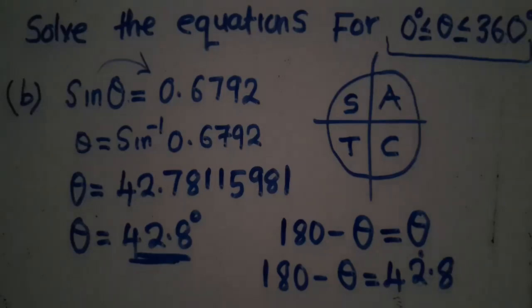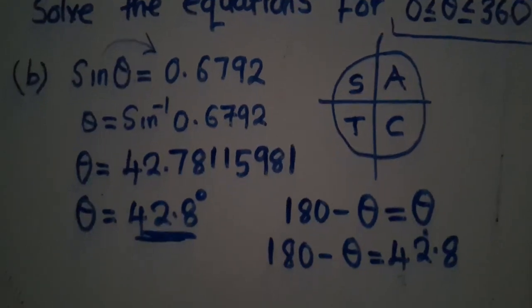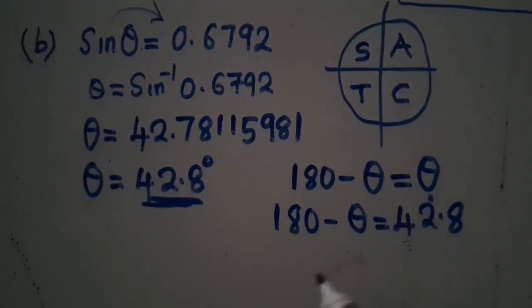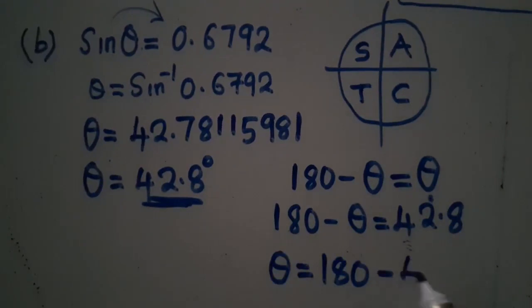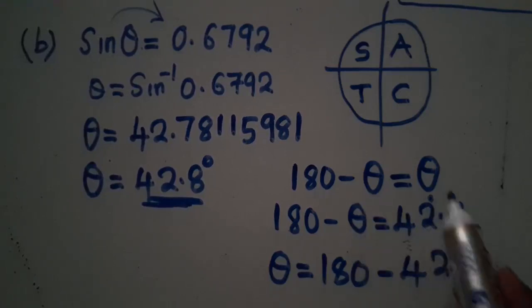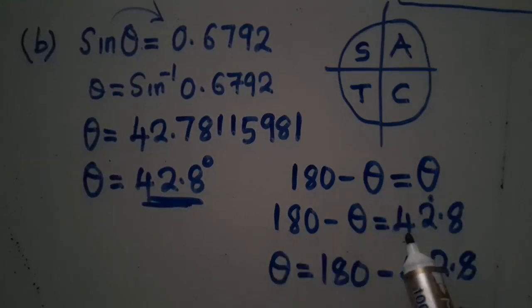Then you group the right terms. This one will go this side, this one comes this side. Theta is now equal to 180 minus 42.8, which is just the same as writing like this. This is just one and the same.